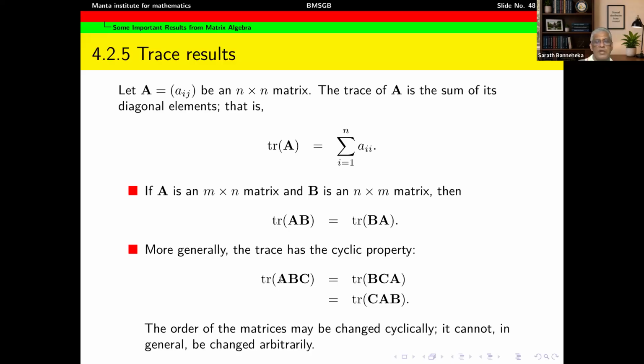So that means you can take A, B, C, and then you can take B, C, and then bring A to this side, and then bring B to this side, and so on.